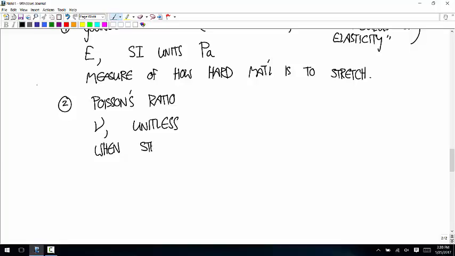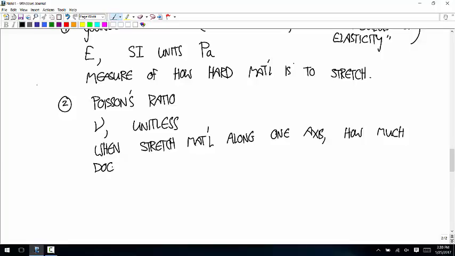So when you stretch a material on one axis, how much does the material contract on your axes?